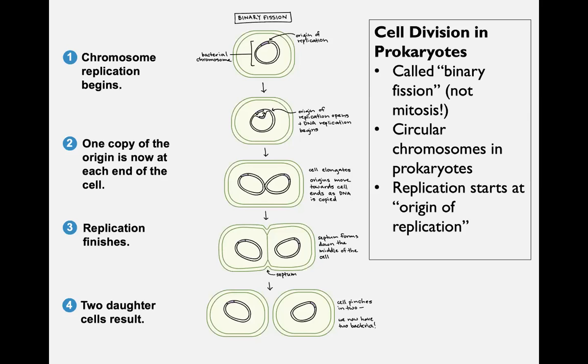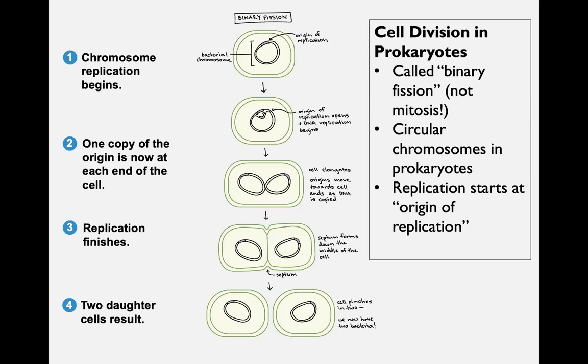That replication process starts at what's called the origin of replication. We didn't go into too much detail on replication in eukaryotes, but the origin of replication is a pretty important notion as far as bacterial DNA goes. That's just where the actual copying starts. Then it'll split into two individual circular pieces of DNA, and then the cell will split in two.